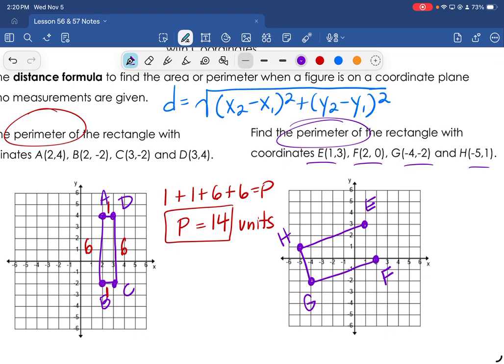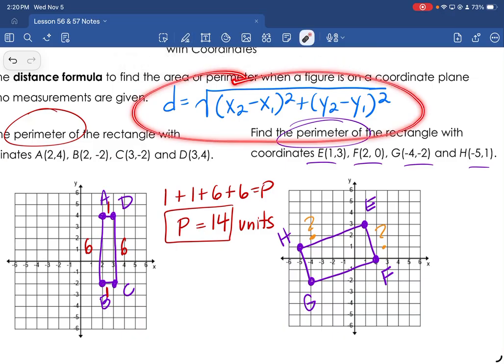It's diagonal. It's not perfectly vertical and horizontal to where I can find the units. That's why I have to find the length and the width by using the distance formula so I can then find the perimeter of the rectangle.